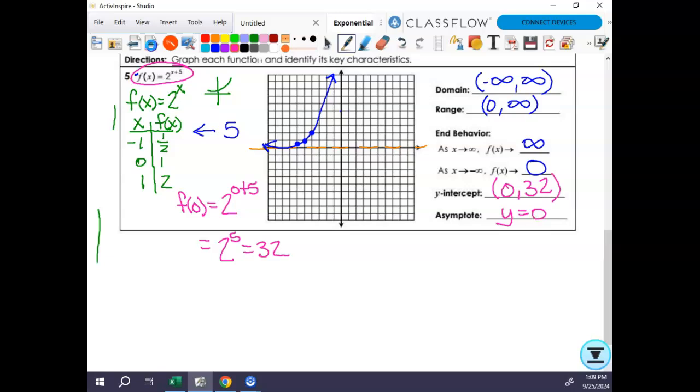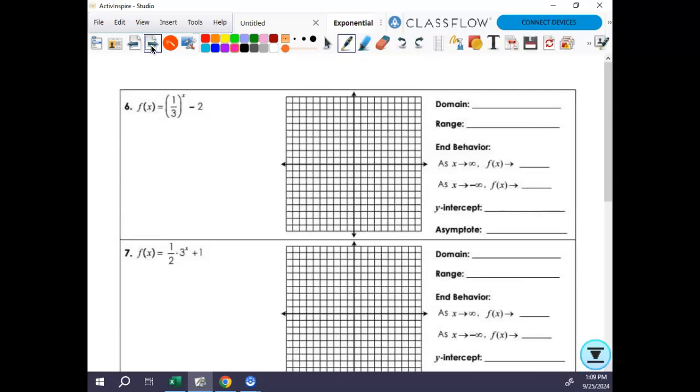All right, so let's look at any questions. I'm sorry. We're all good? All right, so my parent function, f of x, is equal to, what's my parent function? 1/3 to the x. Do we agree with that? 1/3 to the x power.